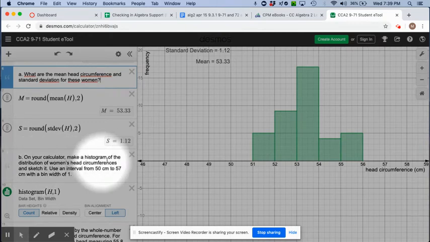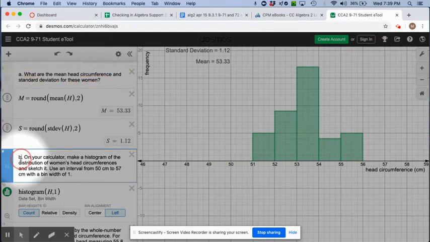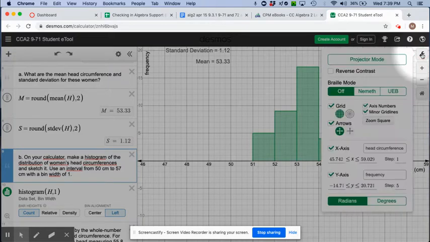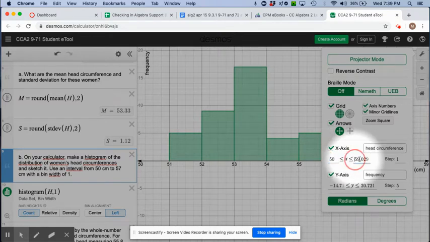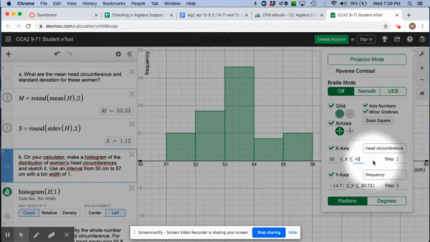Okay, so now it wants you to make a histogram. So part B, right? So we already did that. It did it for us. So if you're not seeing a beautiful little histogram like I am seeing over here, you want to go on over to settings and change your axes, right? So you could change it to just be between 50 and 60, for example.